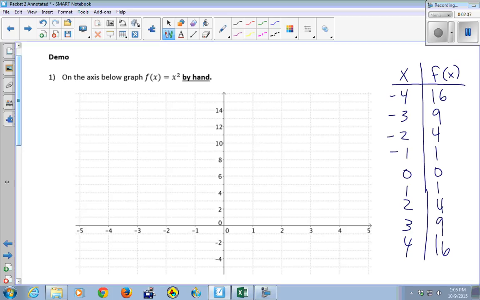And I can plot them: -4, 16; -3, 9; -2, 4; -1, 1; 0, 0; 1, 1; 2, 4; 3, 9; and 4, 16. And then we'll just connect them with a nice smooth curve.